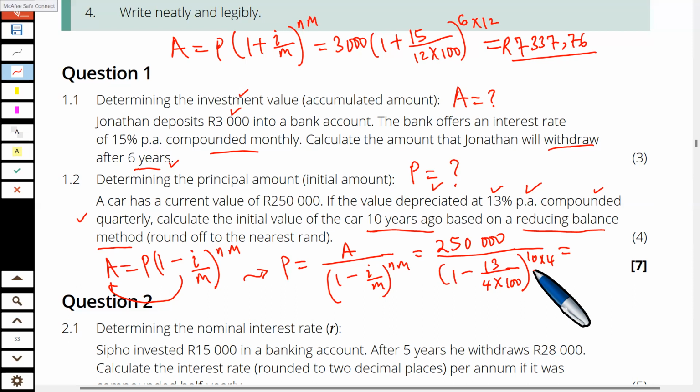You close here and raise to the power 40. So it's 937,348.44.